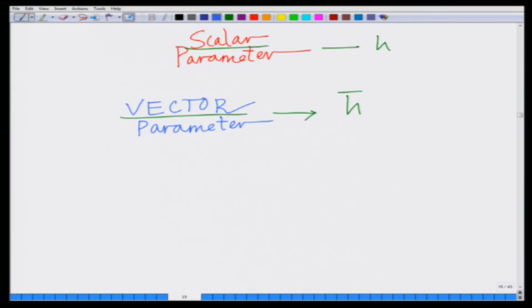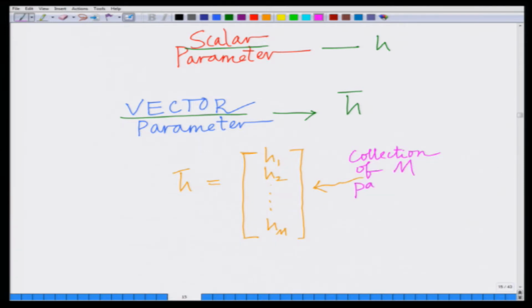This is the parameter vector h bar, and let us say it is an m dimensional vector h1, h2 up to hm, which is basically a stacking or a collection of m scalar parameters.